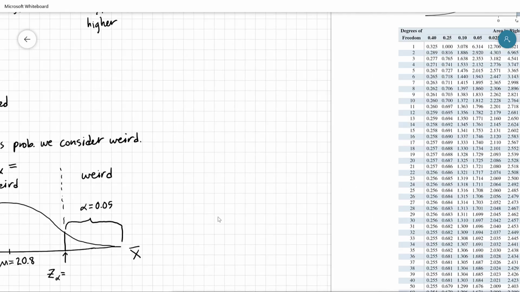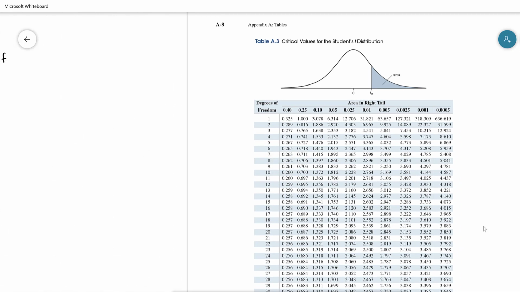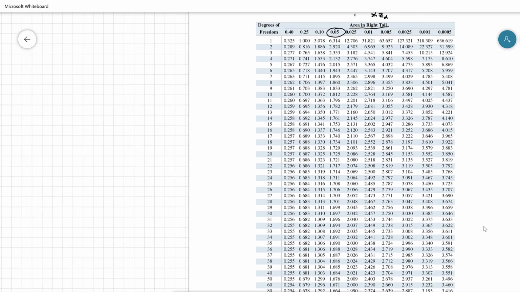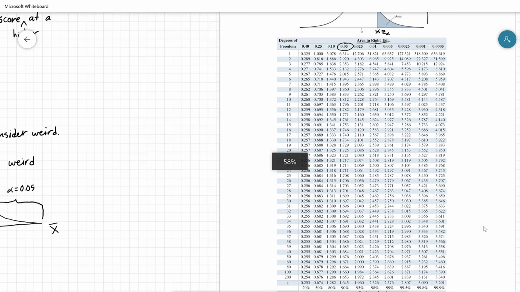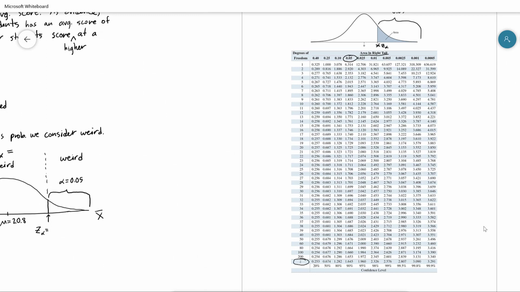So now if we go over to our table, this will make more sense. I want the z-score right here, so I want, in this case, the z-score, not t-score, where this area right here is 0.05. And so I go down and I look for the area in the right tail. Here's the area I'm interested in. That's the row or the column that I need to use, but I need to use the row, let me zoom this out a little bit, labeled z, because again we're dealing with a z-score, not a t-score.